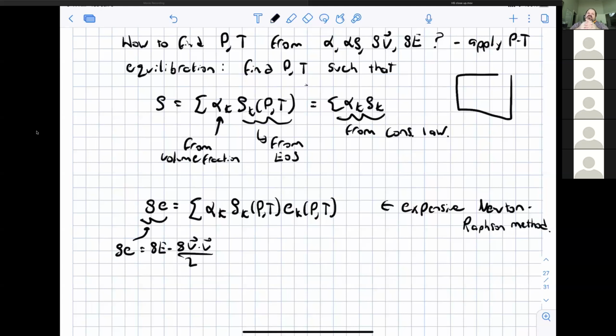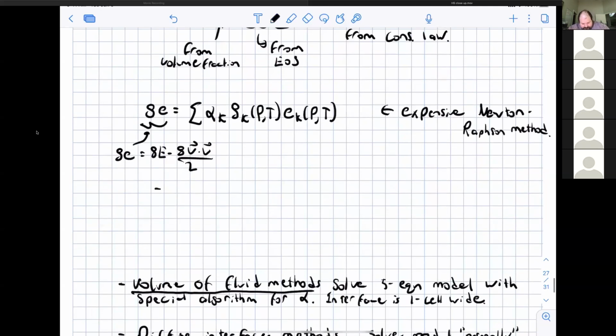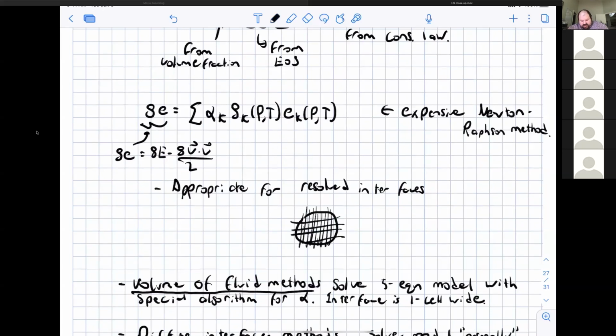So this type of model is appropriate for resolved flows. If you have a droplet, you're actually resolving it on the computational grid.